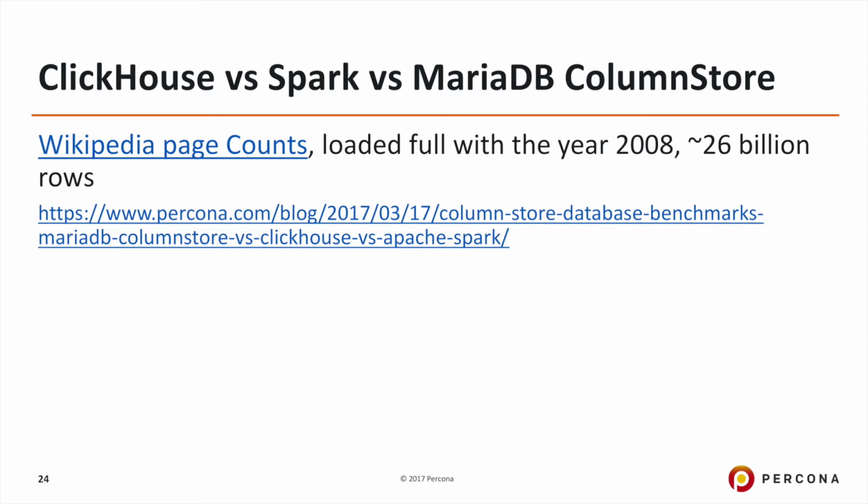It's not only Yandex; we don't need to take only Yandex's word on ClickHouse performance. The first benchmark is done by Percona consultant Alex Rubin. He took the Wikipedia page counts dataset. It is also publicly available, and from year 2008, it actually contains 26 billion rows.